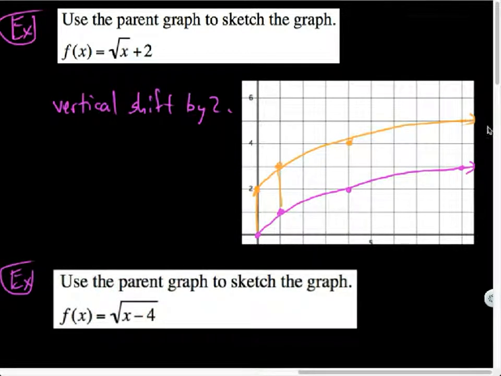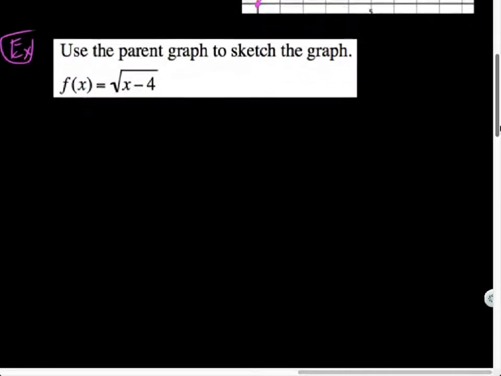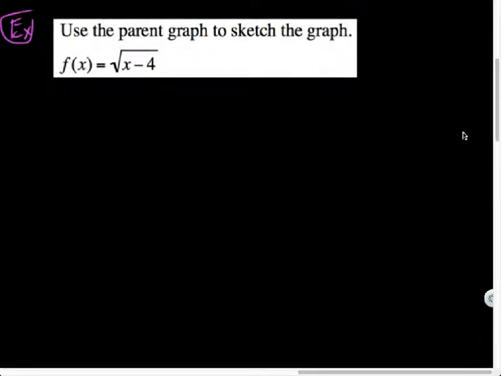First of all, compare and contrast these two things for me, if you'd be so kind. This time I'm subtracting 4 from my input before it goes into the square root function. This one's actually going to be quite tricky, if I might say so myself.